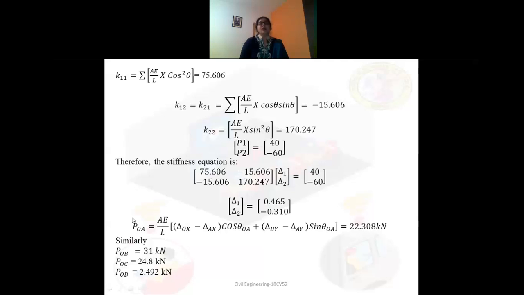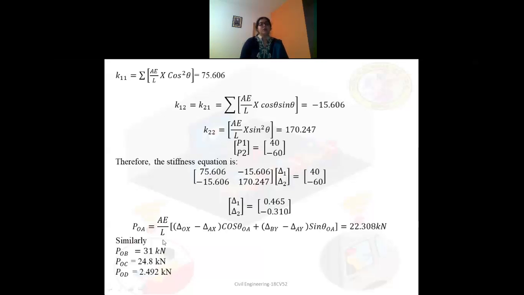After that, once you know delta 1 and delta 2, next you have to calculate all the member forces in member OA, member OB, member OC and member OD. For that, you have to use this formula: AE by L into delta OX minus delta AX into cos theta OA plus delta OY minus delta AY into sin theta OA.